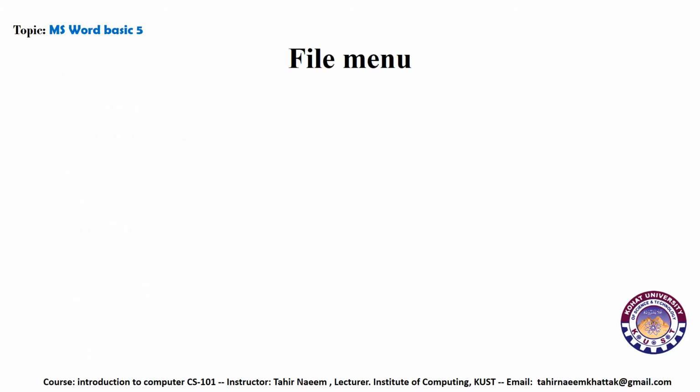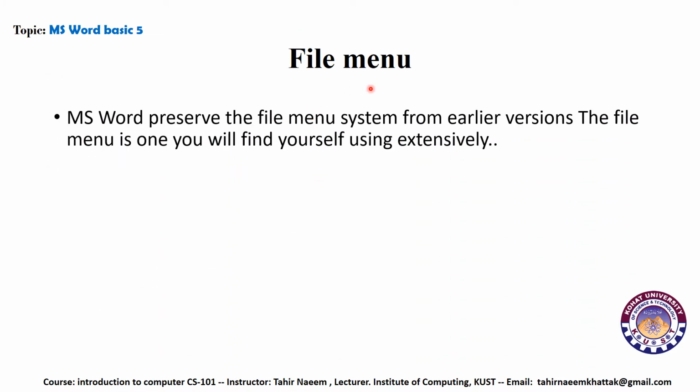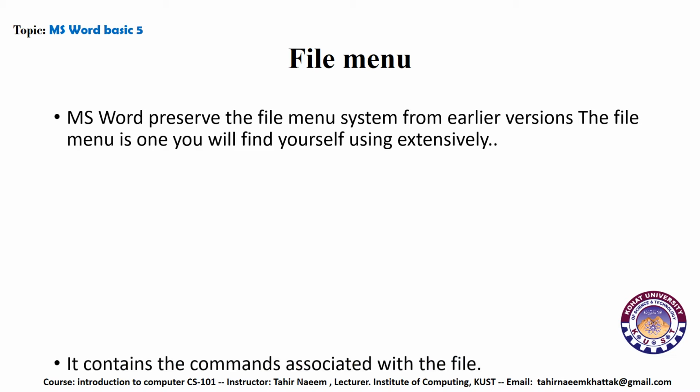So first of all, let's study the file menu. MS Word preserves the file menu system from the earlier versions. The file menu is one you will find yourself using extensively. Basically, most of the time we are using the file menu system. It is the most widely used menu system.